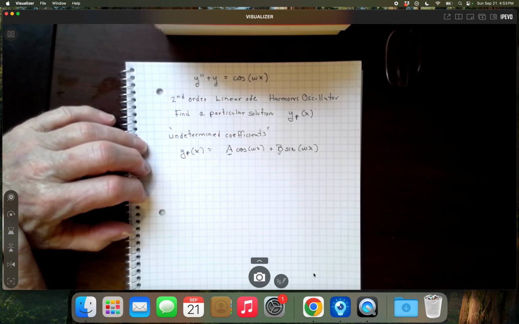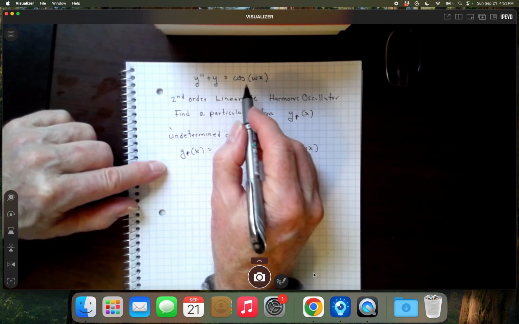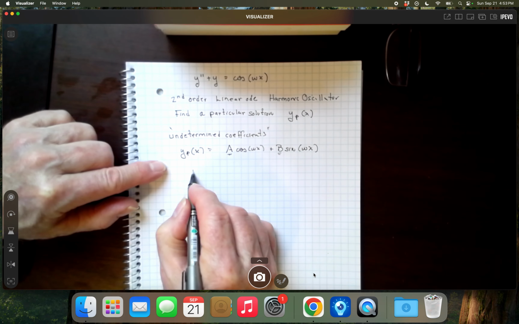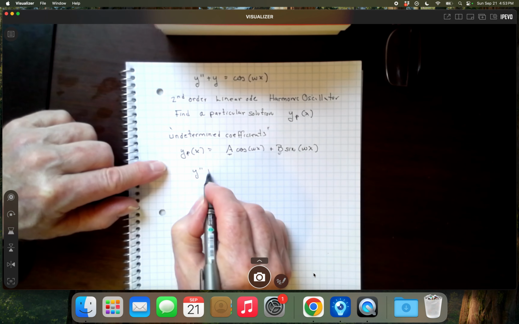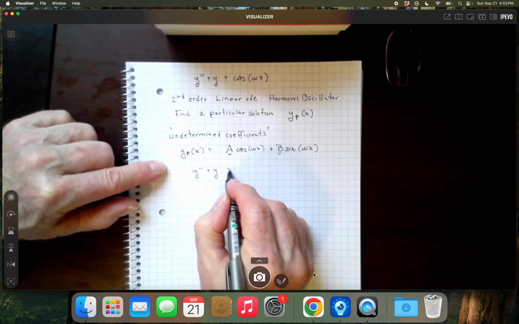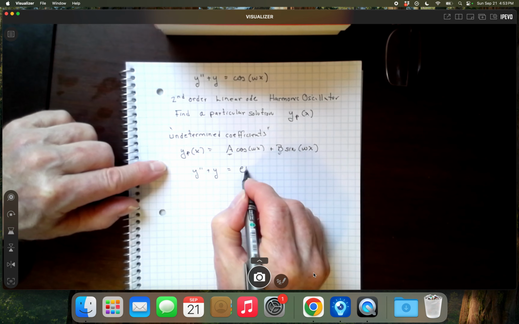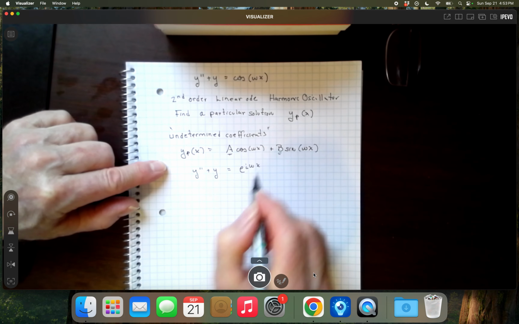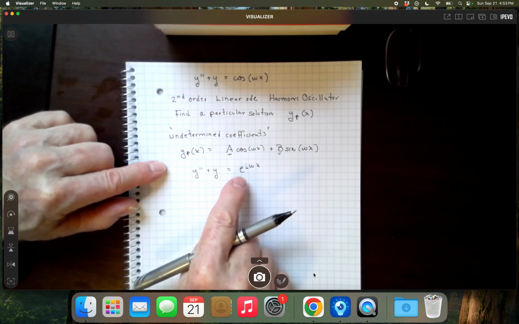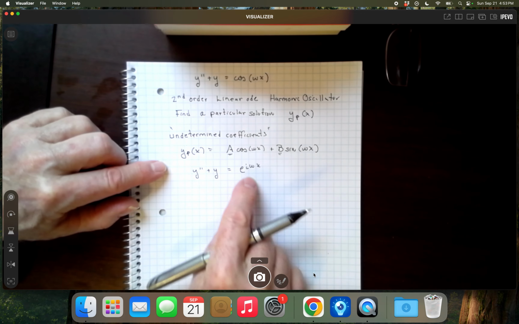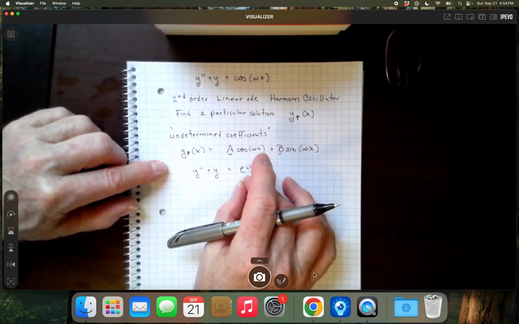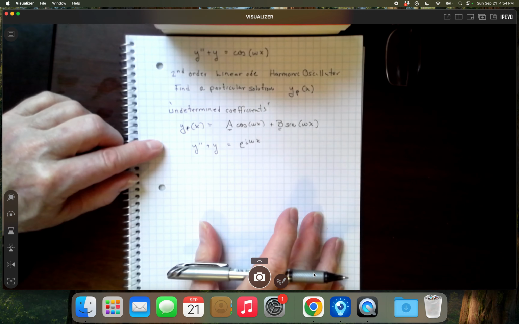However, we are going to change the problem and complexify our input. Now that's not our input. The real part of that is our input, but we'll apply that and then take the real part of the answer.